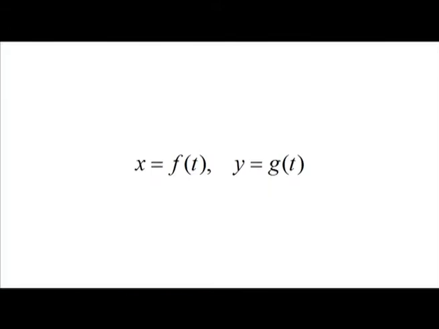We now find a formula for radius of curvature at a given point t of a curve given by the parametric coordinates x is equal to f of t and y is equal to g of t.